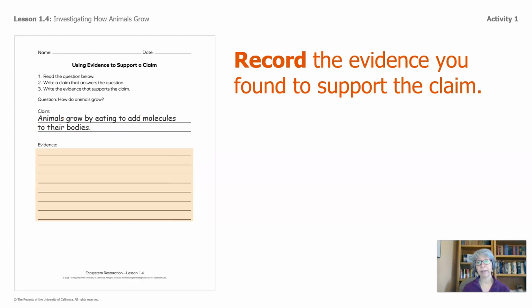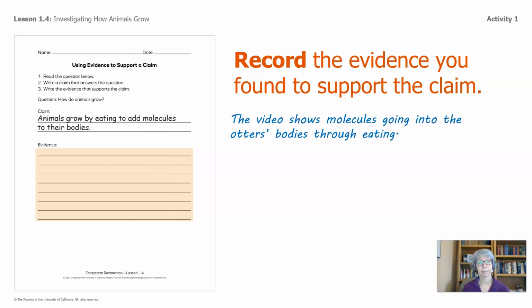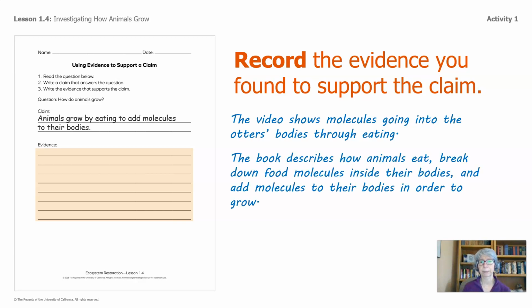Now we'll record the evidence that you found to support your claim. And again, any piece of paper will do if you don't have the packet. The video shows molecules going into the otter's bodies through eating. Remember that fish was chomping at it? What about the book? What evidence can we gather from the book?